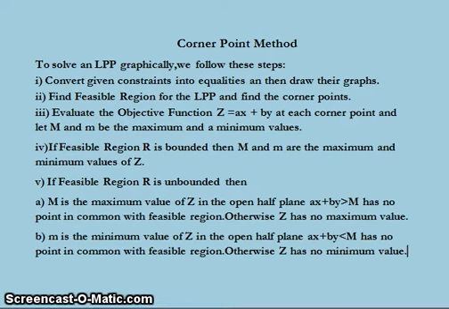And here small m represents the minimum value of Z if the open half plane AX plus BY less than small m has no point in common with the feasible region R. Otherwise, Z has no minimum value.